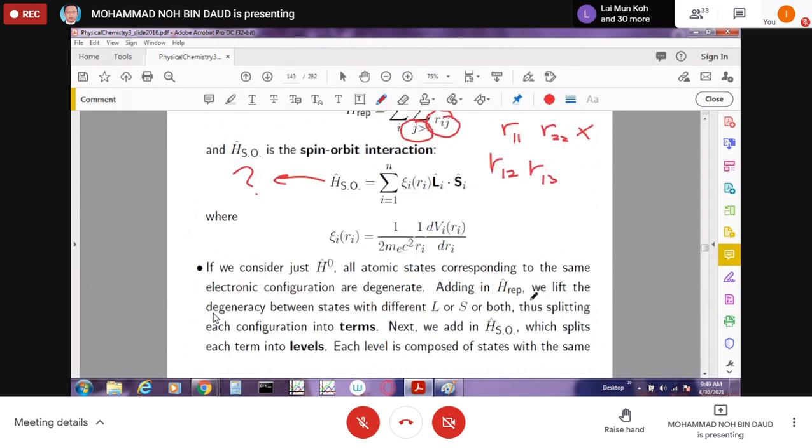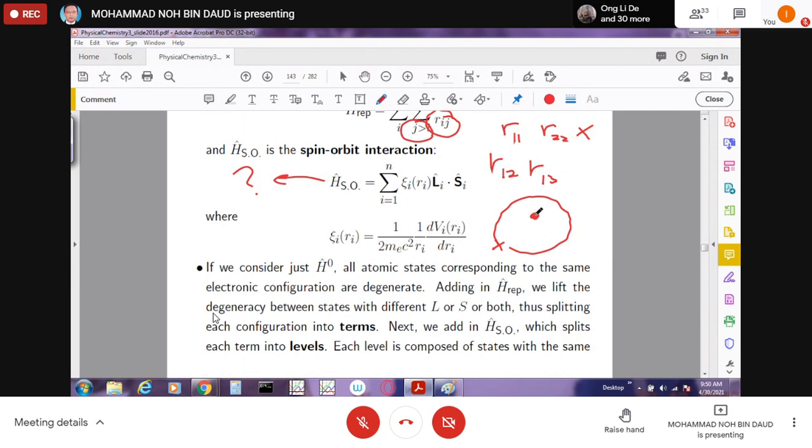If we try to imagine riding on this electron in the atom, from our viewpoint the nucleus is moving around this electron.